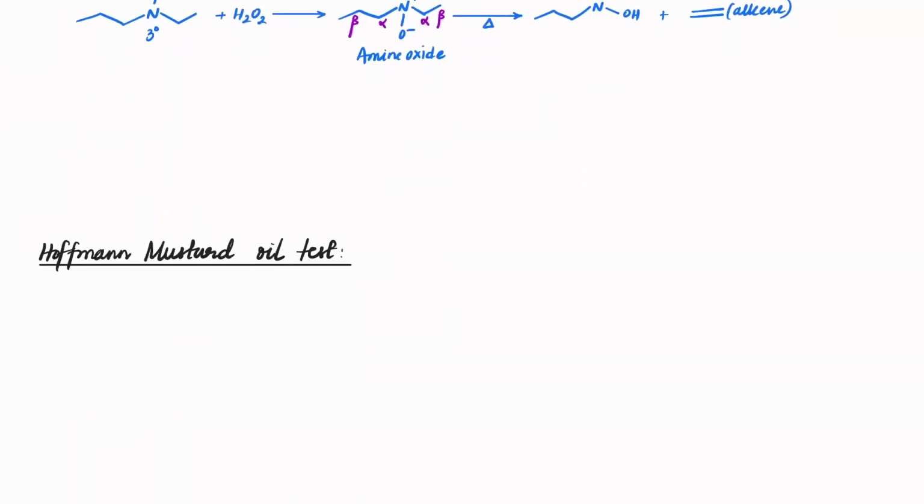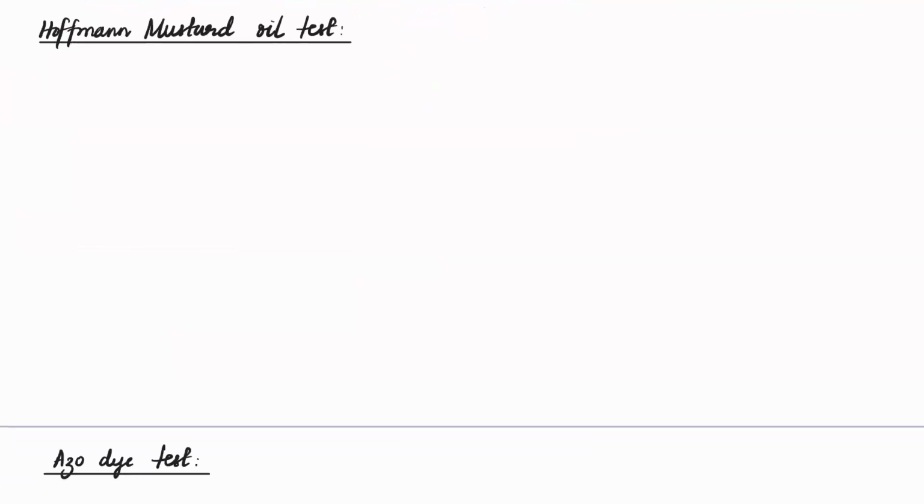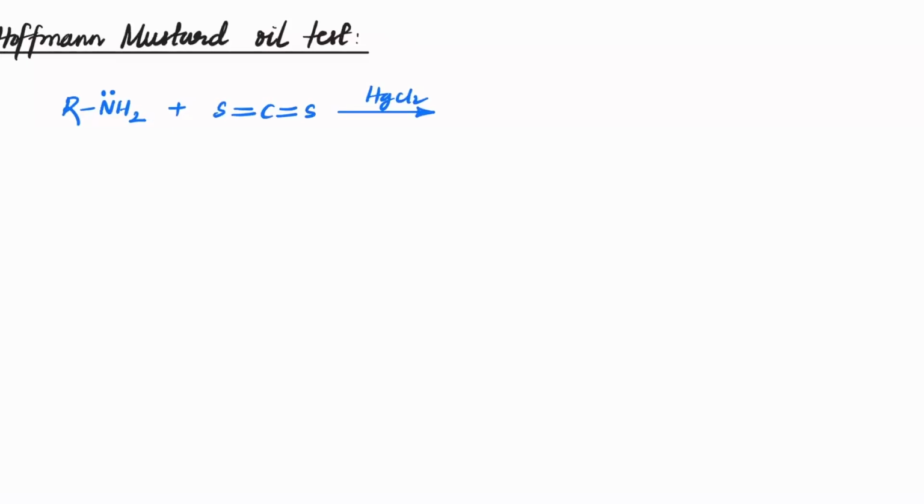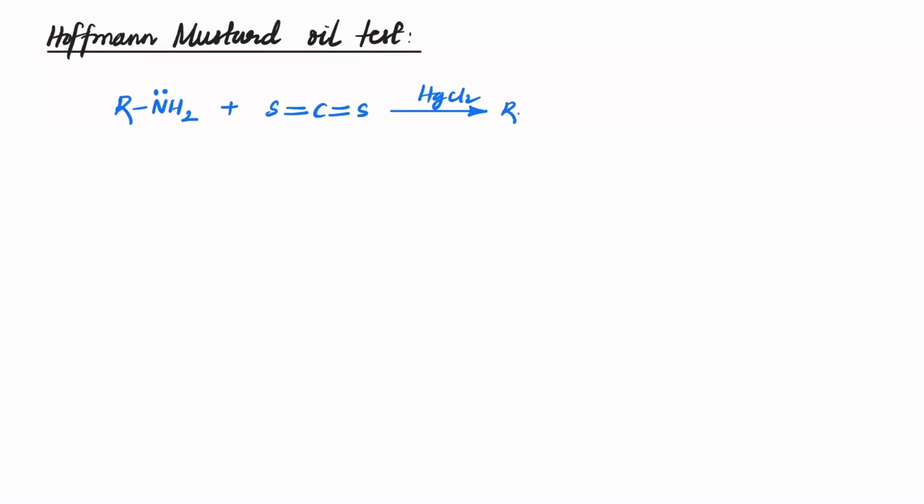Next, what is the Hoffman mustard oil test? The Hoffman mustard oil test is specifically designed for 1-degree amine only. For 1-degree amine, if we treat with carbon disulfide in the presence of mercury chloride, it will become RN double bond C double bond S. This is a liquid which is formed here.